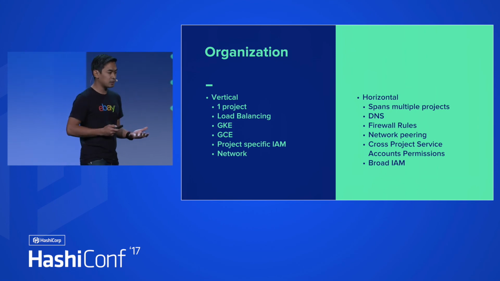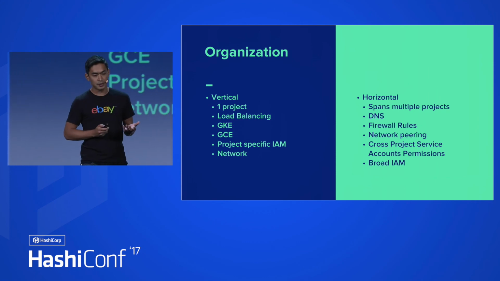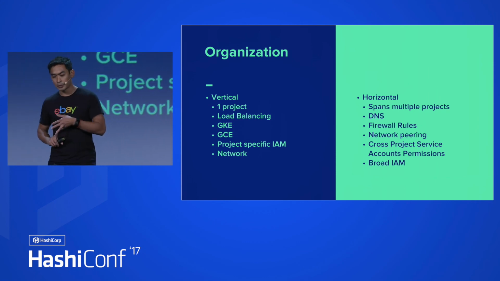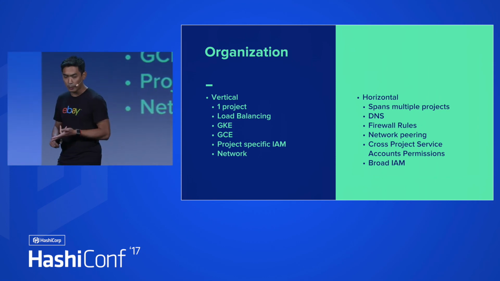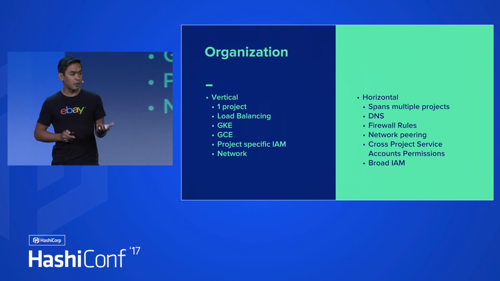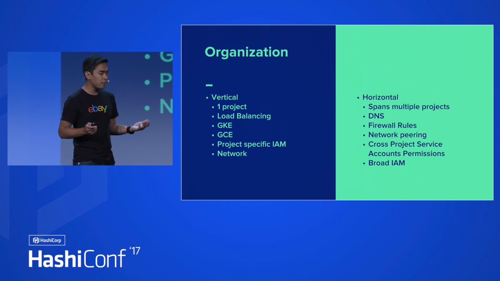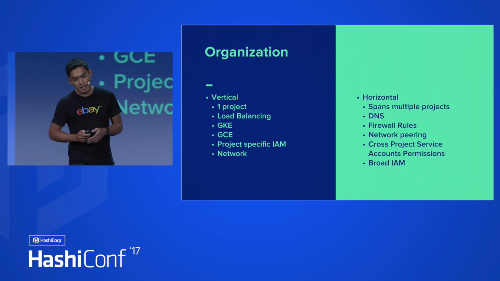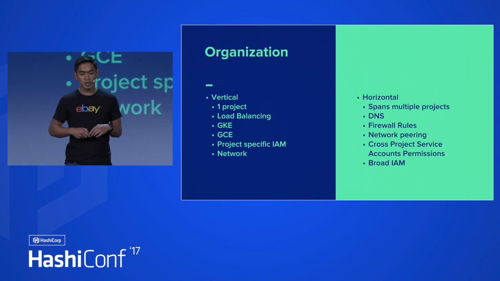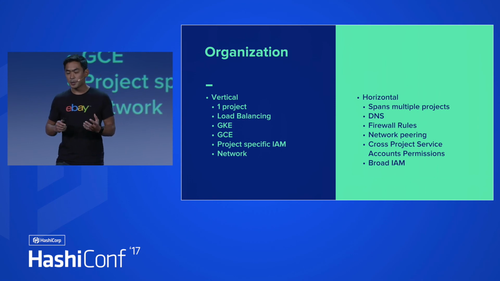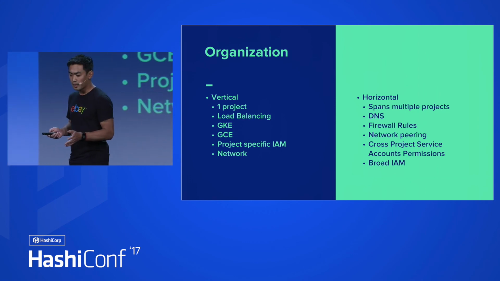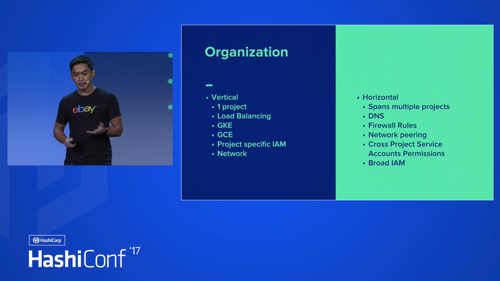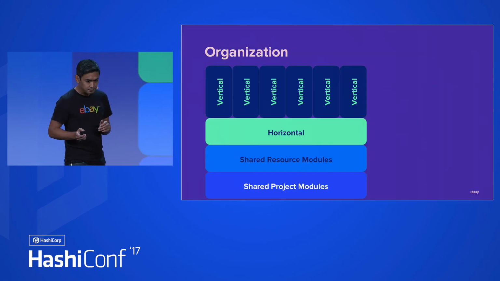So we have horizontal organization through DNS and firewall rules to maintain our network peering, to maintain those cross-project service account permissions, and also to maintain broader IAM policies. So basically, by joining one of our Google groups, you get view access for a majority of the projects. So something like that was maintained there.